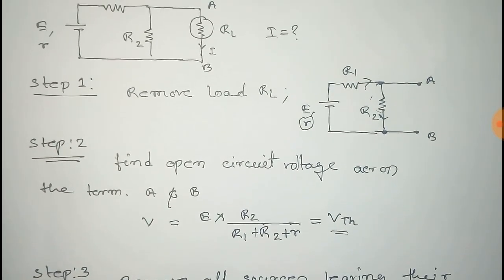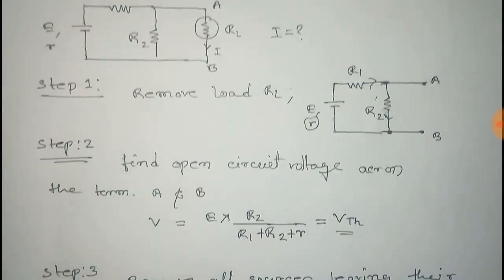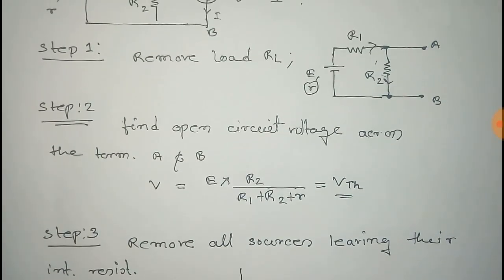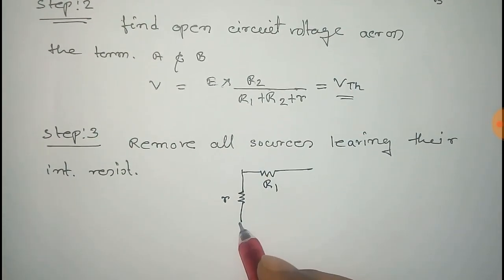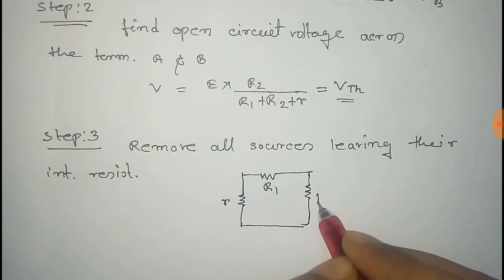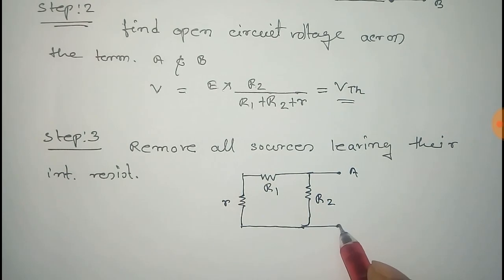In this circuit there is only one voltage source, so we have to remove this and replace it with its internal resistance. So write this, the internal resistance small r, that is R1, that is R2, and that is terminal A and that is terminal B.